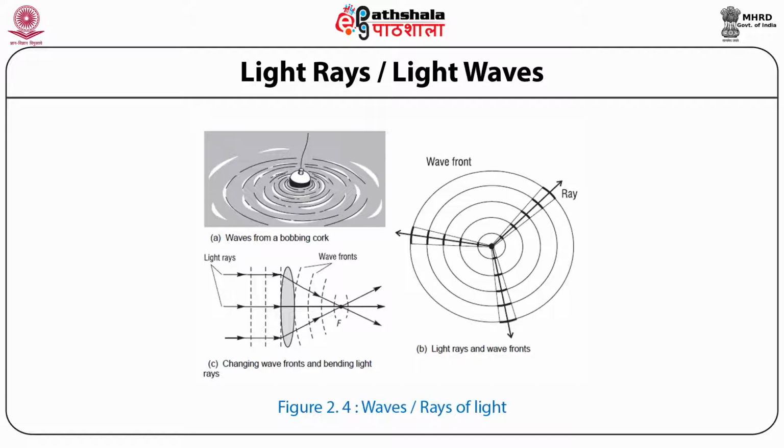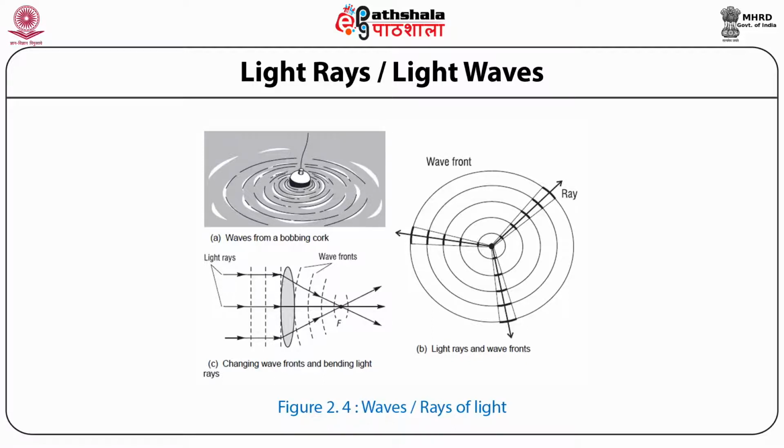So you have here three kinds of pictures. In picture 1, we have the waves from a bobbing cork. In picture 2, we have the light rays and the wave fronts, giving an idea of how the ray of light and the wave front get developed. In picture 3, we have the changing wave fronts and bending light rays.